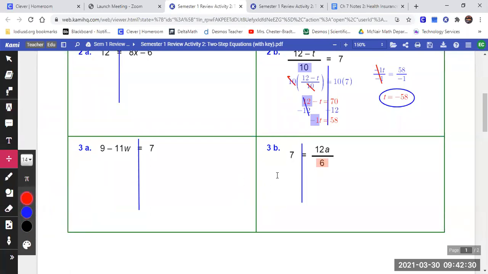So that means I have a 6 times the 7 that was already there, having to equal the 12a divided by the 6. And then I'm going to put parentheses around that.